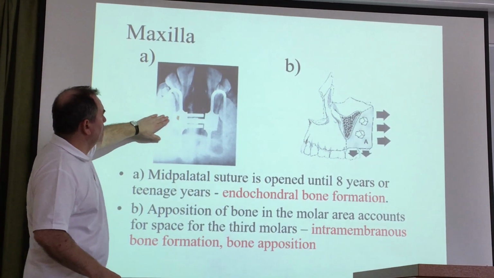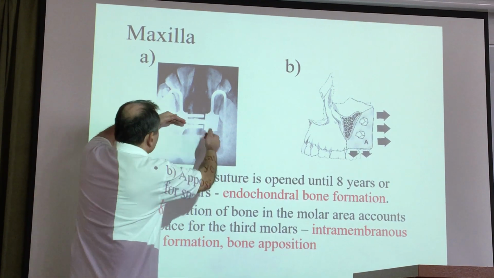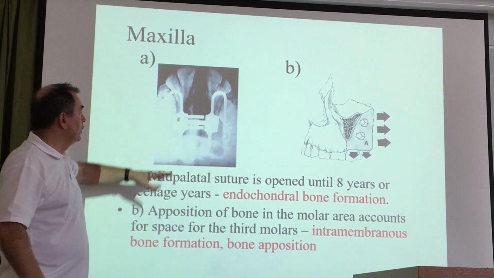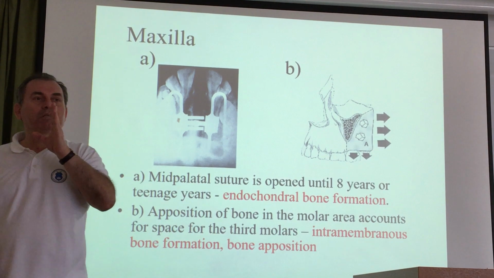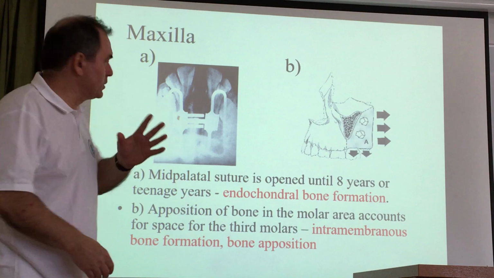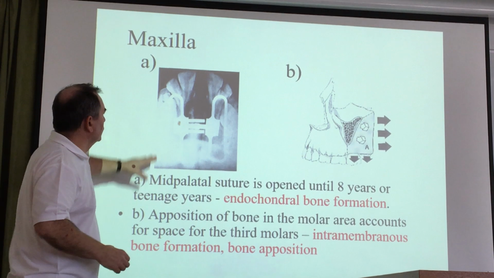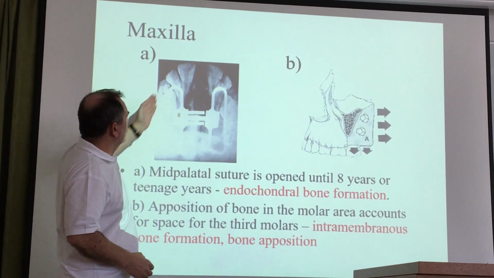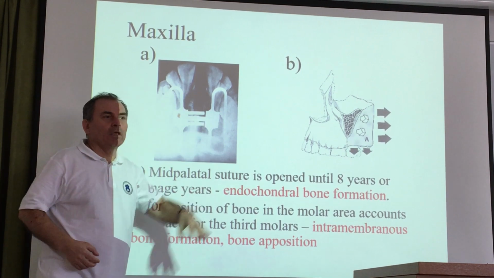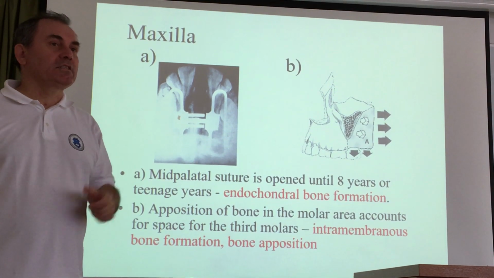The appliance could be removable or fixed. This appliance will separate the maxilla, and this is the mid-sagittal suture, with two maxillae on both sides. When you widen the distance between the two quadrants, you will see that new bone is formed in the middle, where the mid-palatal cartilage plate is located.